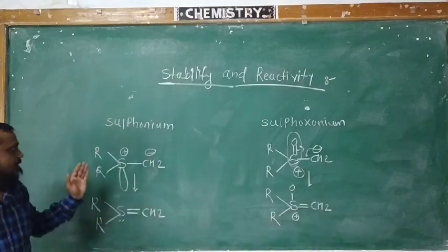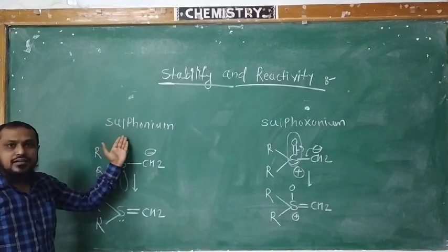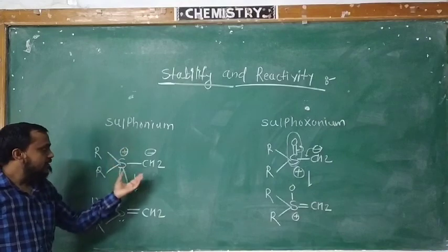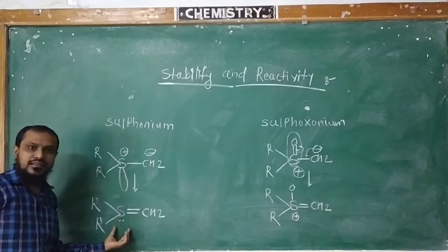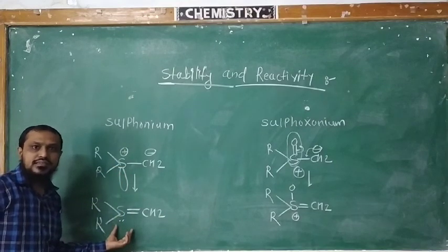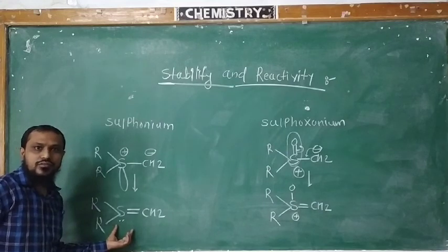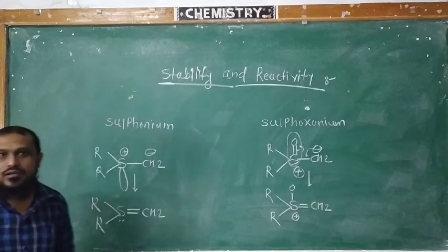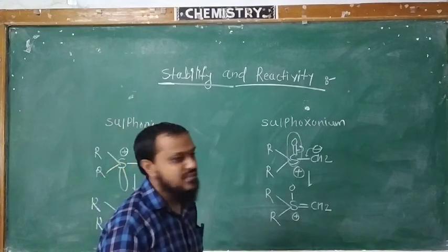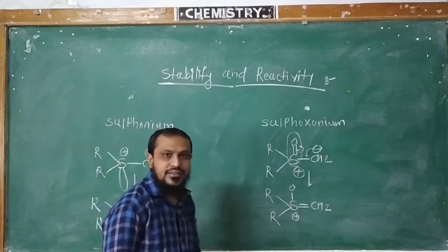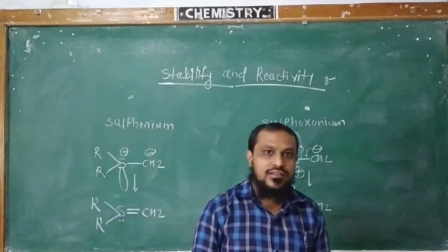On the other hand, in case of sulfonium ylide, here availability of lone pair increases, hence it is more reactive but less stable. Okay, so this is the simple stability and reactivity of sulfur ylide.